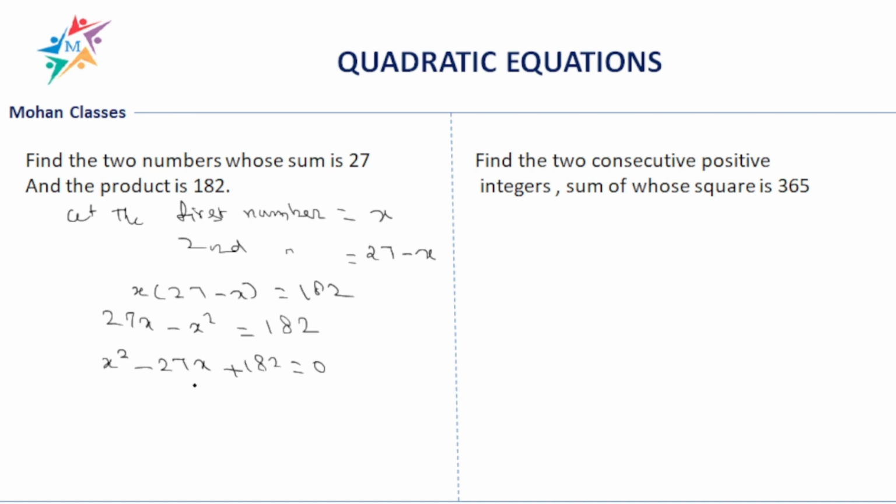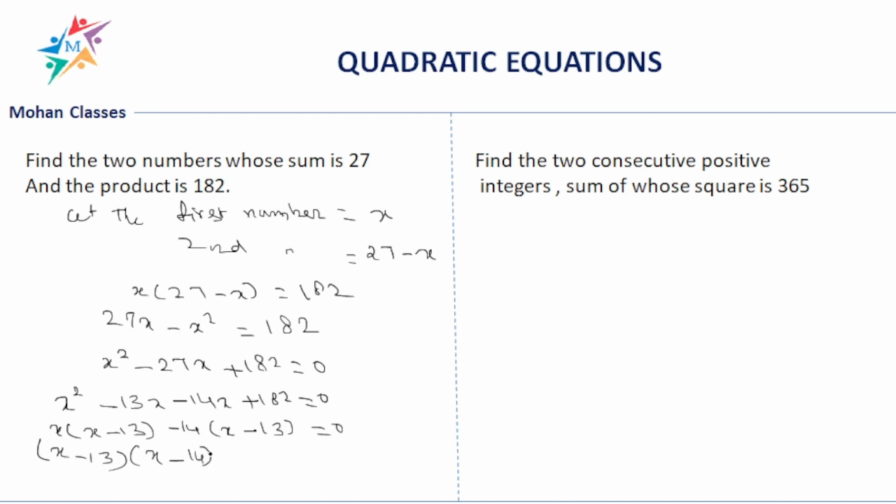Now we have to split the middle term. For 27x, the product should come as 182. So 13 into 14 is 182, right? Therefore x² - 13x - 14x + 182 = 0. Taking x outside from the first two terms and -14 from the last two, we get (x - 13)(x - 14) = 0.